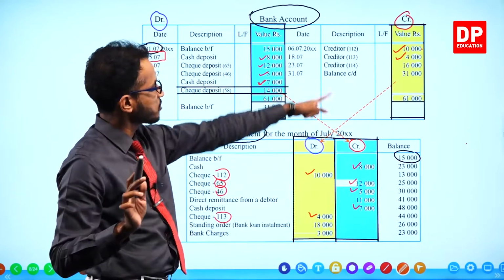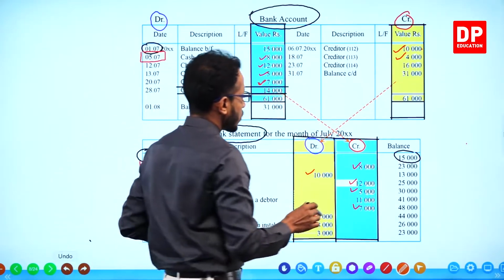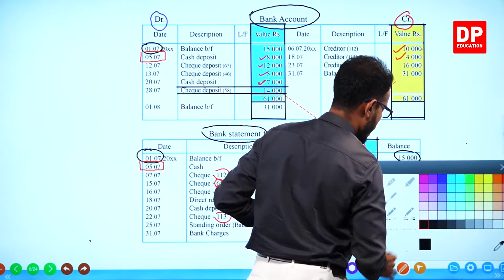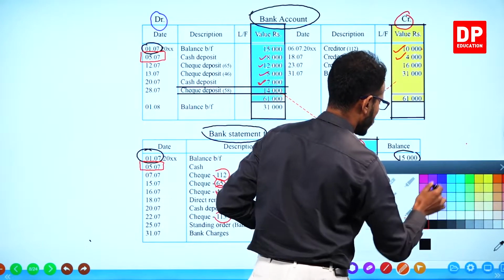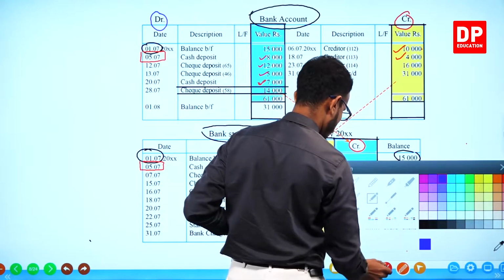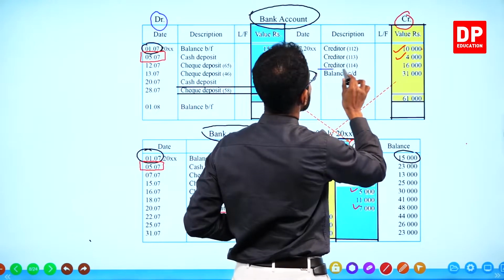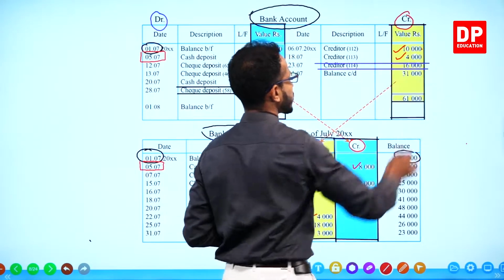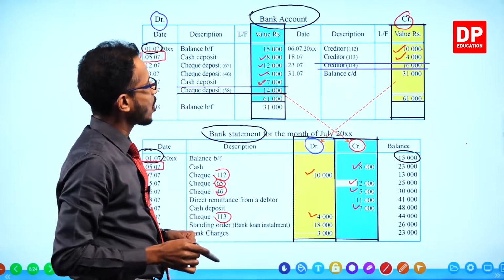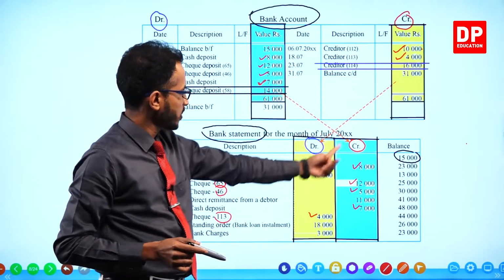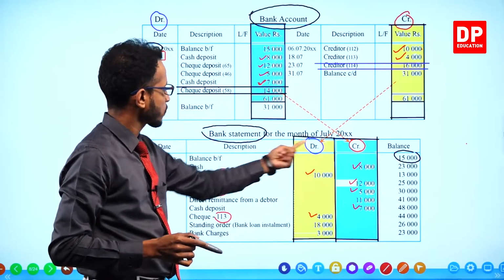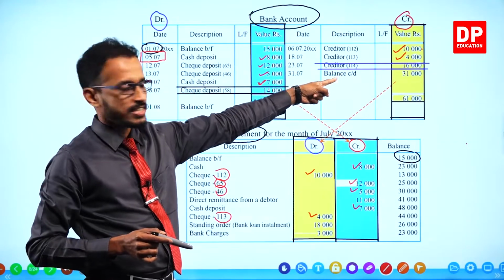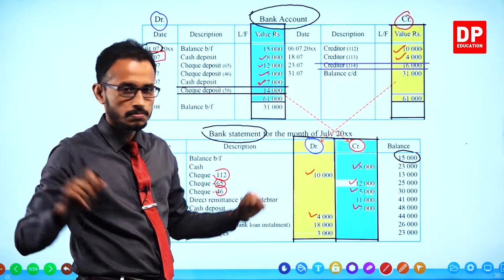So that is the item which is missing on the credit side. Whatever the color, it doesn't matter. Let's underline it or box it so it cannot escape. Okay, 16,000 is missing in the statement. That's why we boxed it. Done.